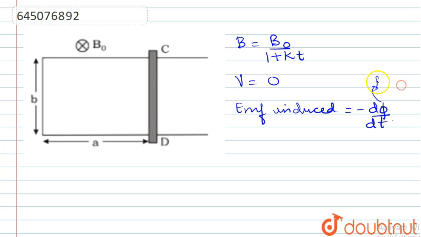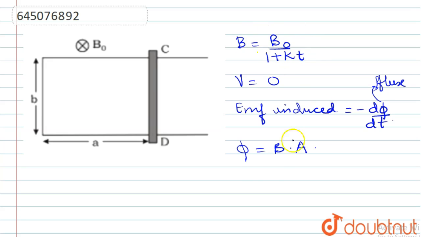Let us consider that at any x distance this rod has been moved, and the formula for the flux is equal to magnetic field into area.